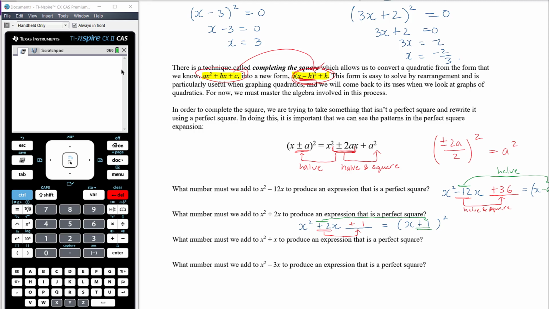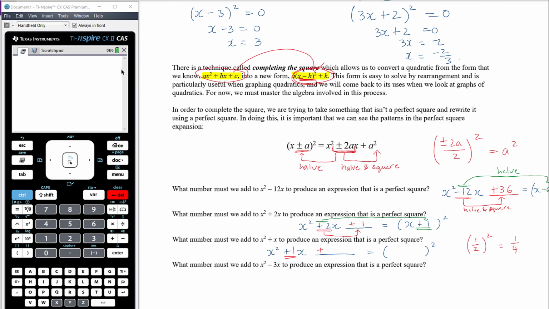Okay, what number must we add to x squared plus x to produce an expression that is a perfect square? Remembering that this is 1x, so halving and squaring 1. Okay, I'll write off to the side here. If I take the number positive 1 and I halve it, it becomes a half, and I square it, I get a quarter.